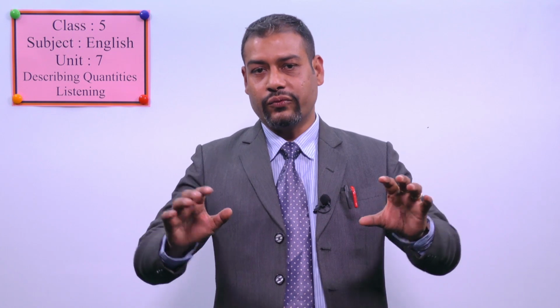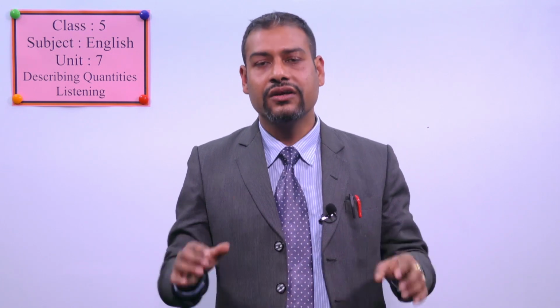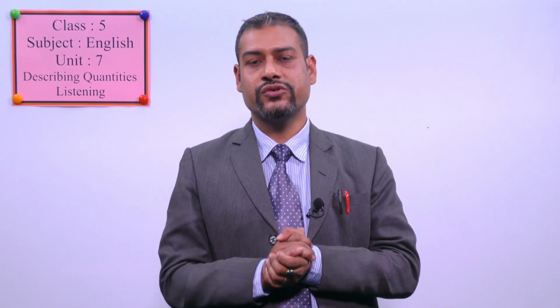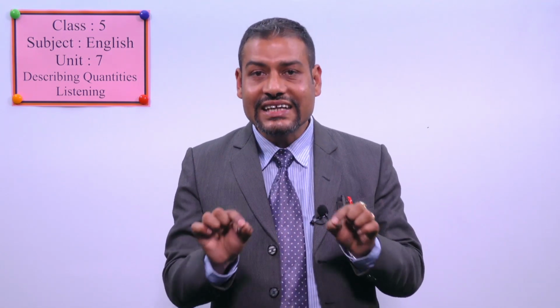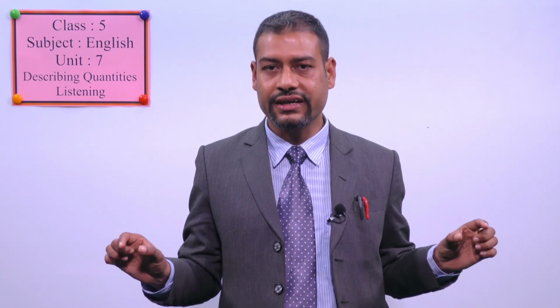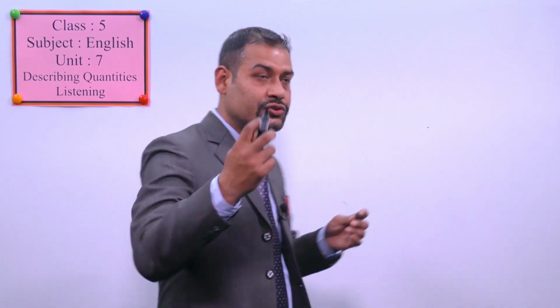So another important thing I would like to tell you at this moment: whenever we go to a shop and want to buy something, first of all, we have to ask a question. And you know, my dear students, in Unit 7 we are talking about describing quantities. So first of all, you shouldn't forget these two terms.